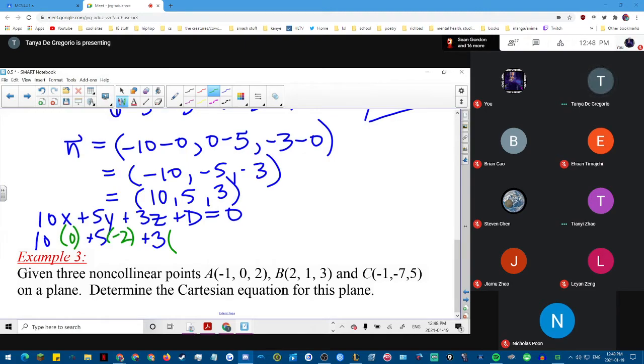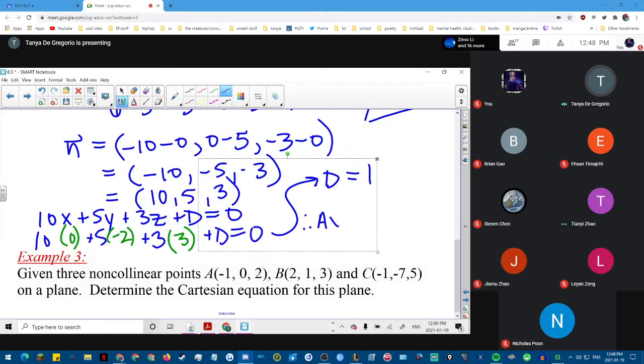And yes, 3. Okay, what's D equal to? 1. D is equal to 1. And so therefore, oh geez. Let's try that again.